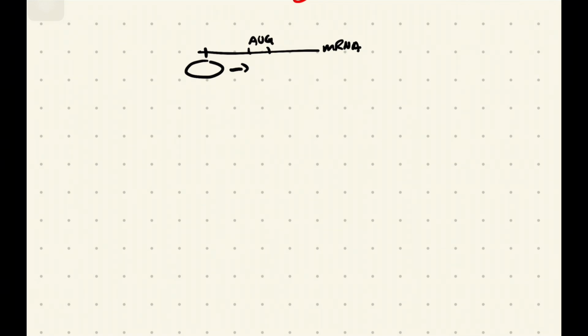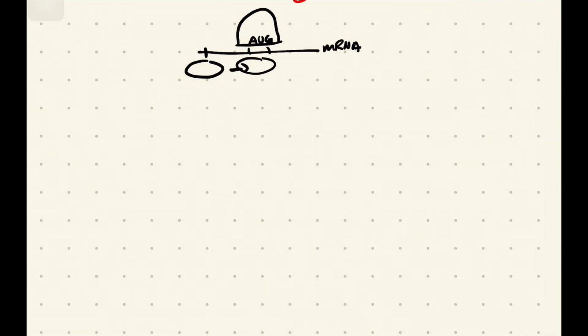It's always AUG. In this instance where it actually scans and it reaches this codon, what's going to happen is that's going to initiate the recruitment of the large subunit, and now you have your finished translational machinery. So that's going to be the initiation of translation.